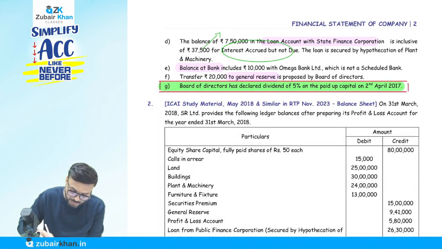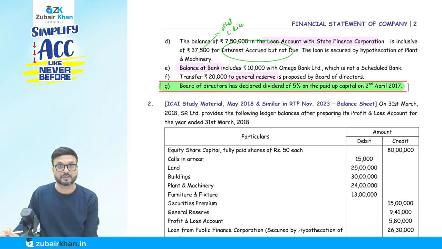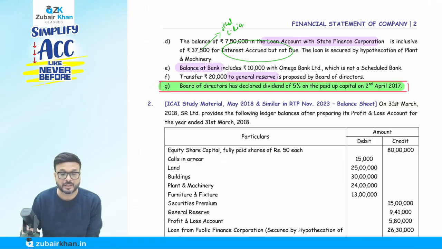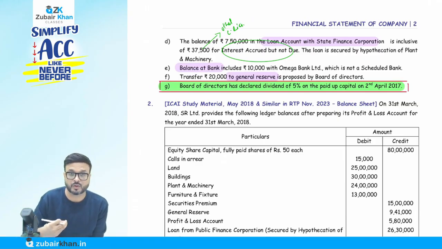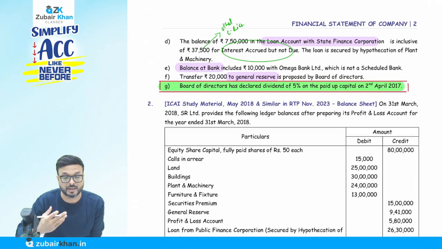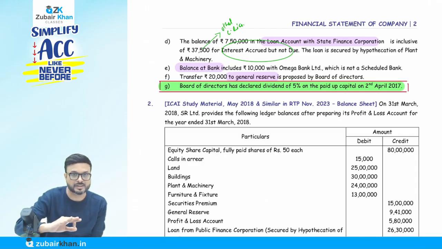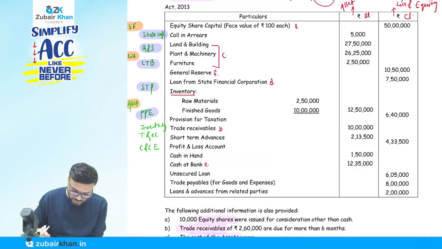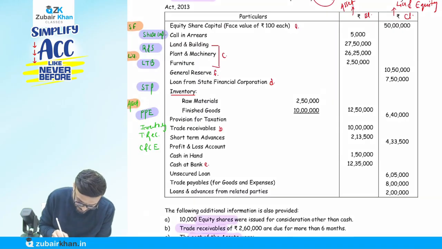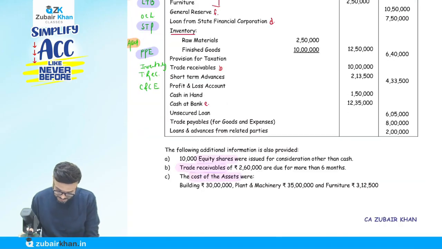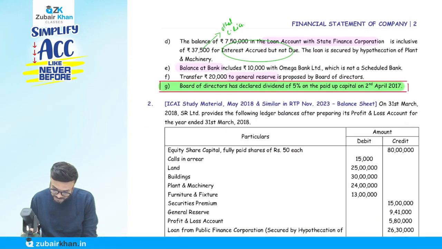Basically they are talking about other current liability. The interest portion, the 37,500, is other current liability. I will explain the adjustment, don't worry. So we may prepare on other current liability here. Let me write here other current liability. Okay. Or is there any need for any more adjustment here?